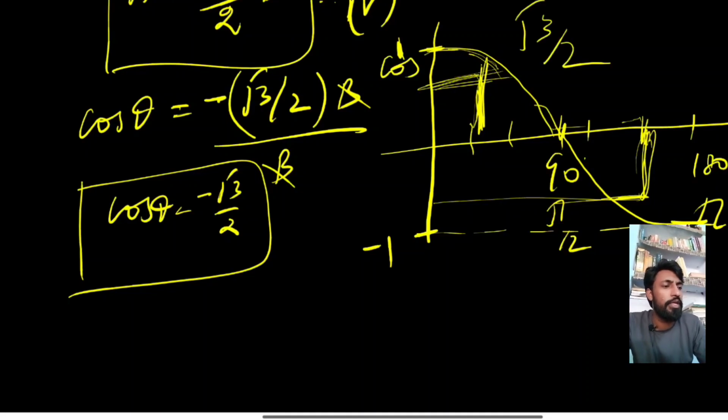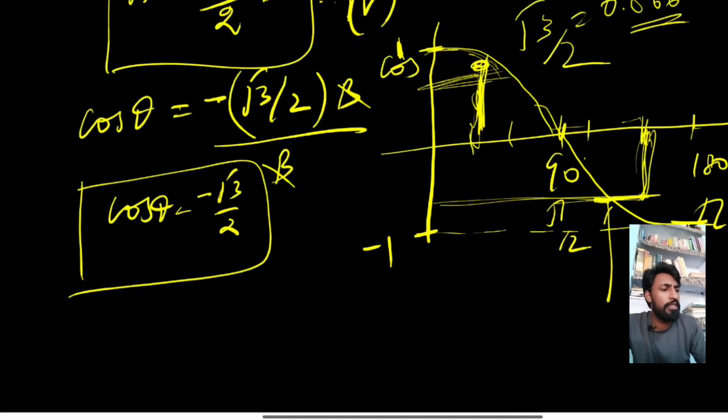So this point is root 3 by 2, which is 0.866. And this point, this value is 0.866, but it is negative, and this is what we get.